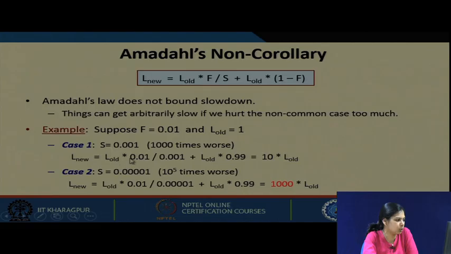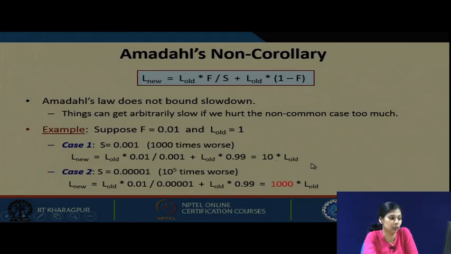So, L new is L old multiplied by (0.01 divided by s, plus L old into (1 minus f), that is 0.99). How much is it coming to? It is coming to 10 times the old value. So, L new is 10 times the old value.